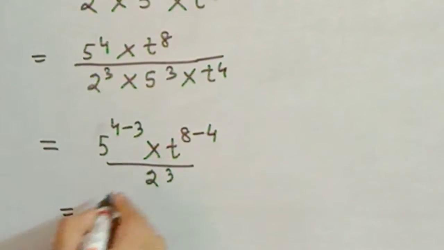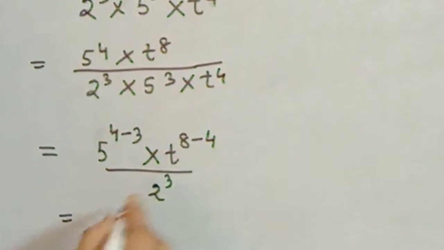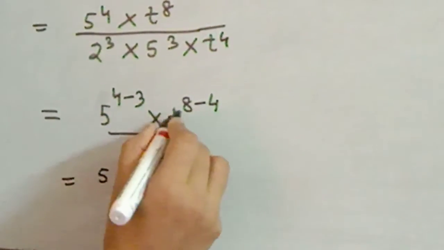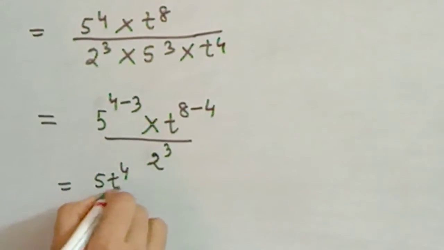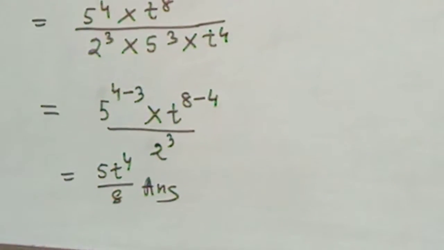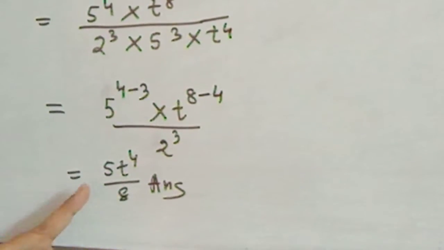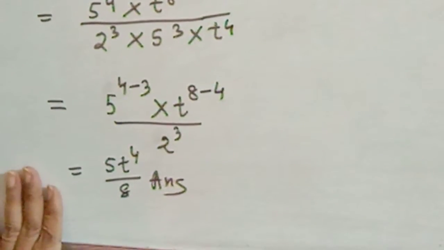That means 2 cube, you have to give the answer in the value form, not in exponential form. So 5 t to the power 4 by 8. The sum is finished here, 5 t to the power 4 by 8. You can't do anything extra here. Now this is the answer of this sum.